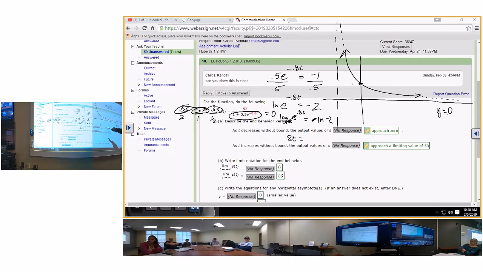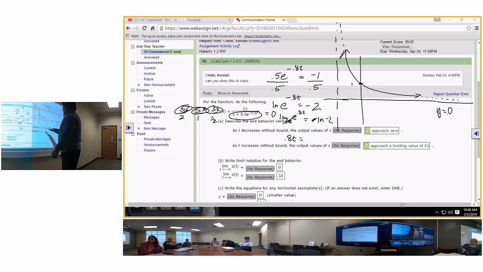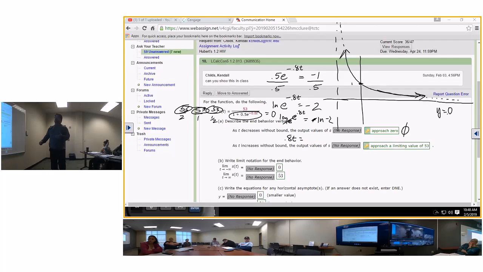When you do this question on the homework, this one is always going to be 0, because no matter where you do it, this function is always approaching what? 0, because of the family of graphs of 1 over e to the x.